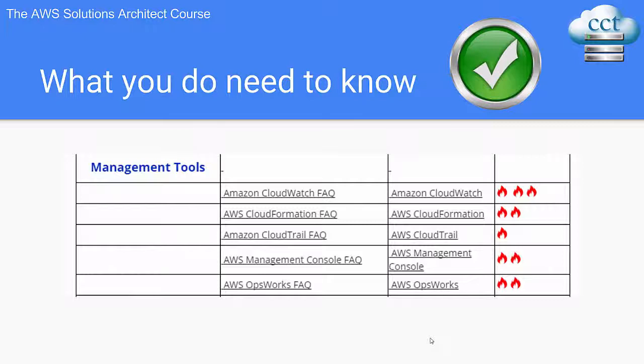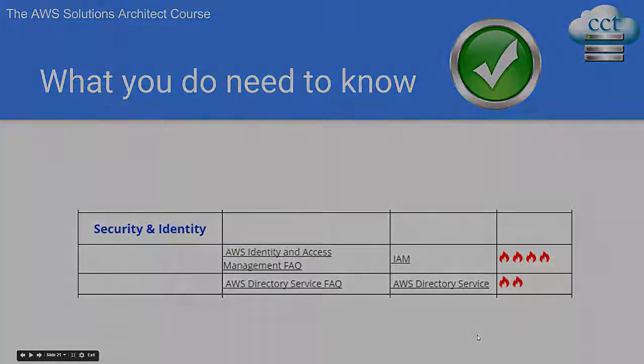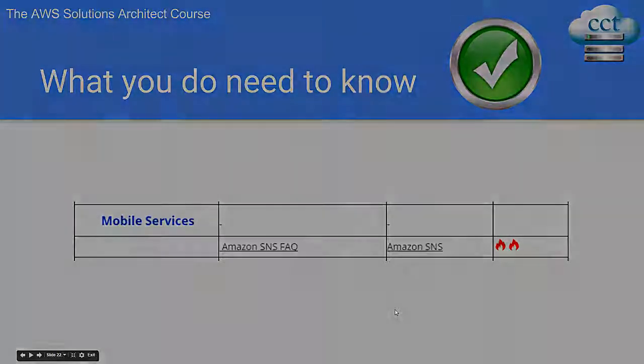Management tools, these are all the management tools that you will need to understand, and we will go through those. Security and identity. Security, especially around IAM, is a very important facet of the Solutions Architect exam. Mobile services, as I talked about before, the only thing you have to worry about in that area is SNS.